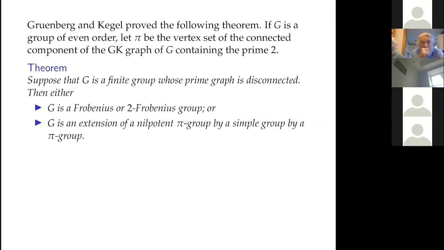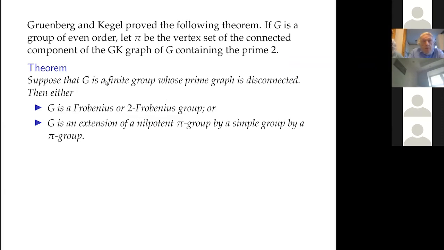And here is a simplified version of the structure theorem that Gruenberg and Kegel proved. So G is a finite group. If it has even order, I'll use pi to denote the set of primes in the connected component of the Gruenberg-Kegel graph containing the prime 2.